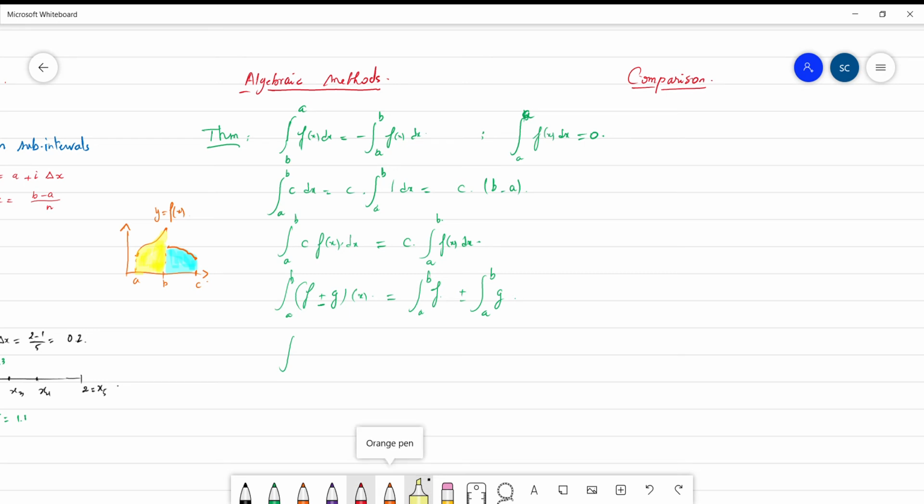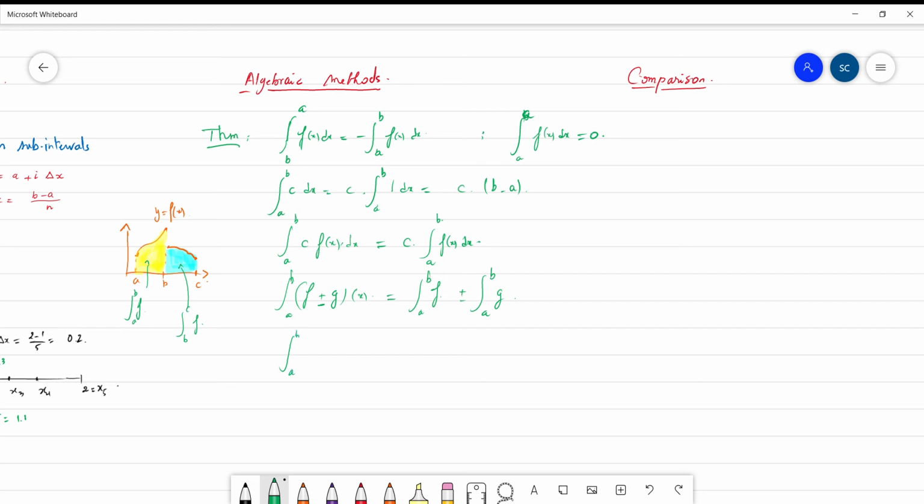So this one is exactly the integral from a to b of f, while this one is the integral from b to c of f. If we know both of them, then the total area is the sum of the two.